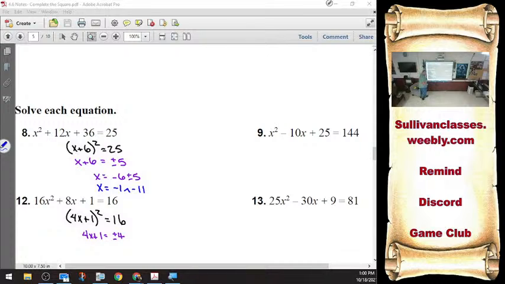Okay. For 12, if it equals both a positive and -4, maybe solve them separately like our old absolute values. 4x plus 1 is 4, and 4x plus 1 is also -4. Okay? It's plus or minus 4. So just like our old absolute value, kind of do a light side, dark side thing.